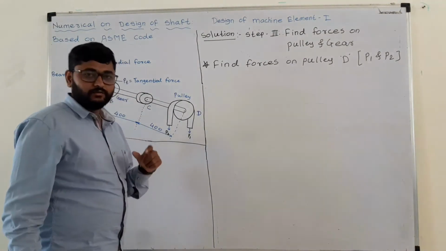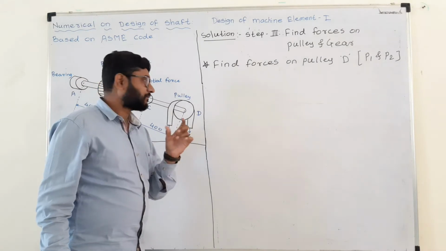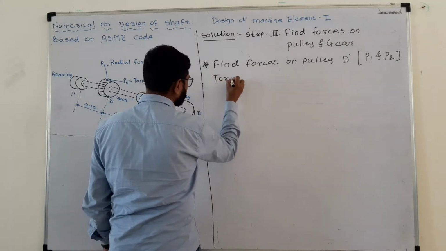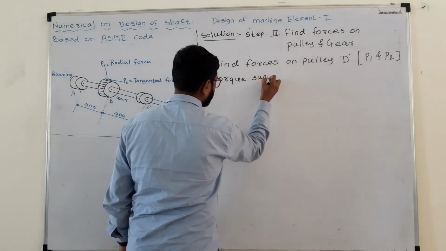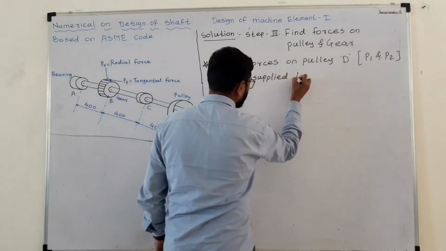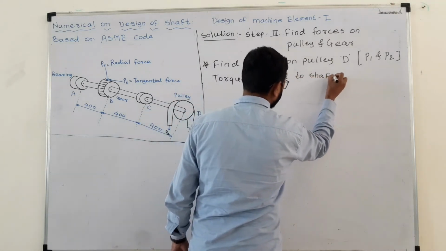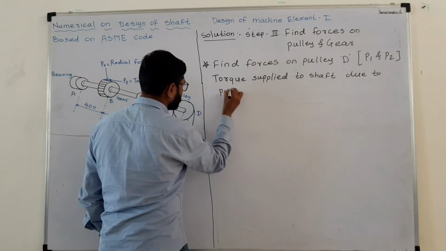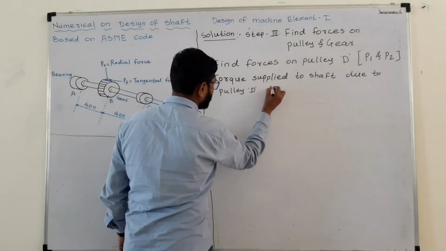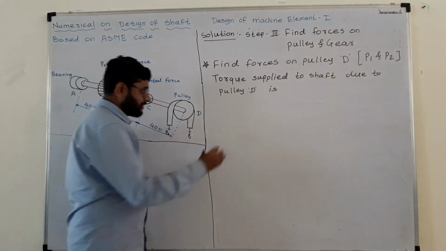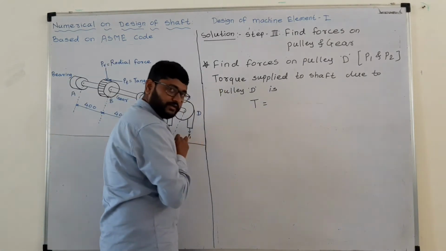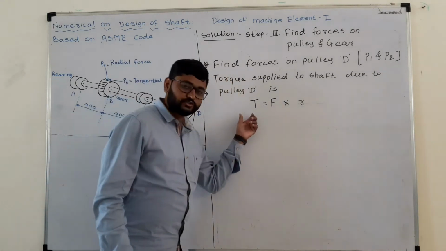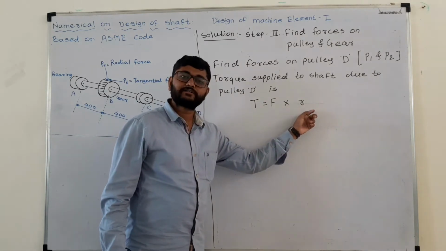How to find forces P1 and P2? We know the torque supplied to the shaft due to pulley D. The standard equation for torque is T equal to F into R, where T is torque, F is force and R is radius.